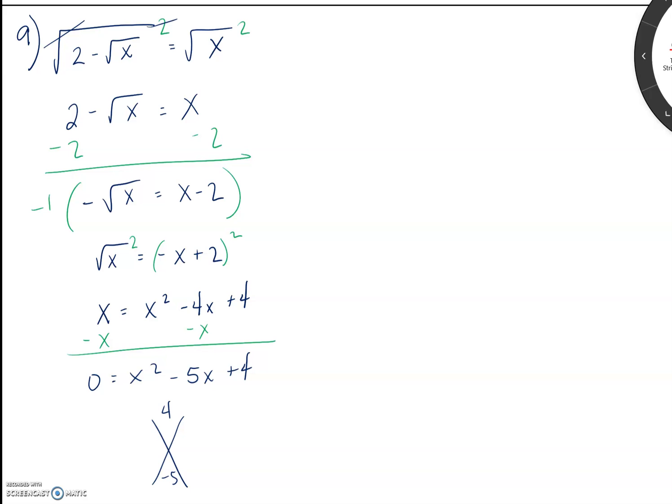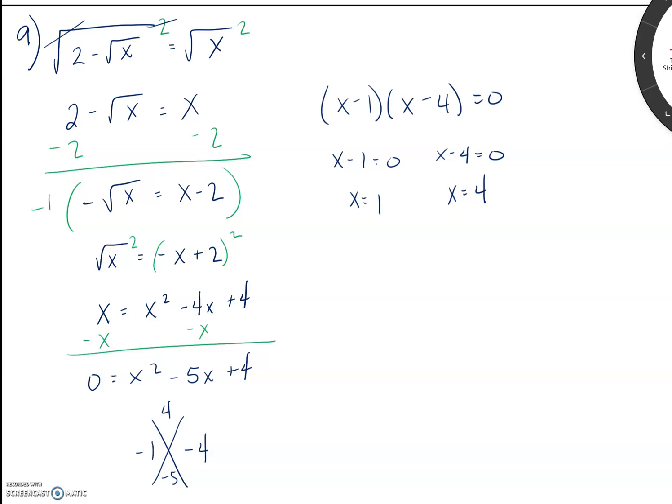We're looking for factors of 4 that will add to -5, which would be -1 and -4. So now we have x minus 1 times x minus 4 equals 0. Set each factor equal to 0 and solve. So we get x equals 1 and x equals 4.